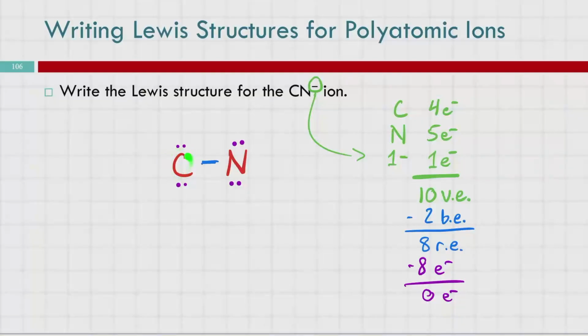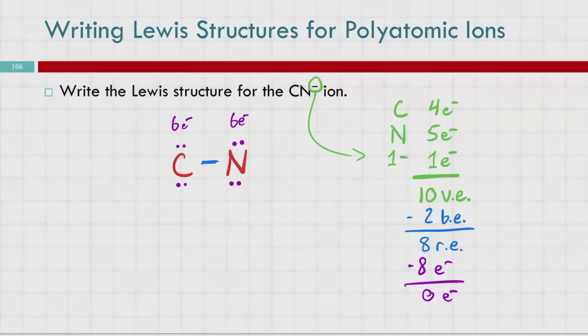So looking at our carbon, we've got 1, 2, 3, 4, 5, 6. 6 electrons, which is not an octet. Carbon's not happy. Nitrogen also has 1, 2, 3, 4, 5, 6. 6 electrons.